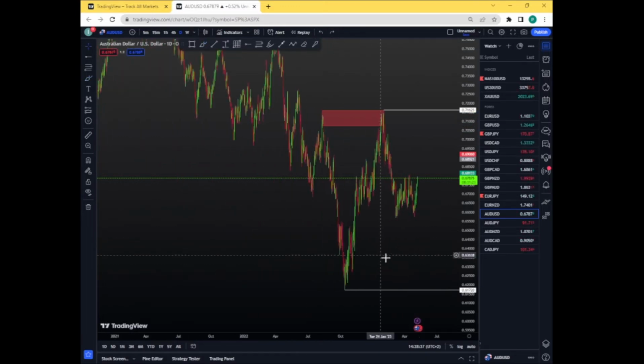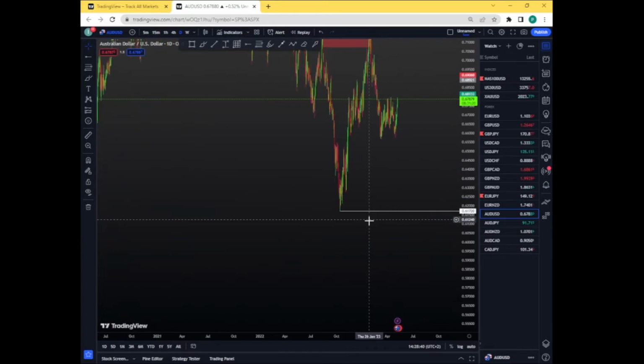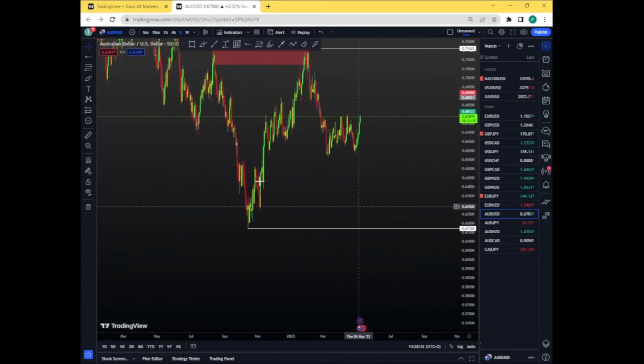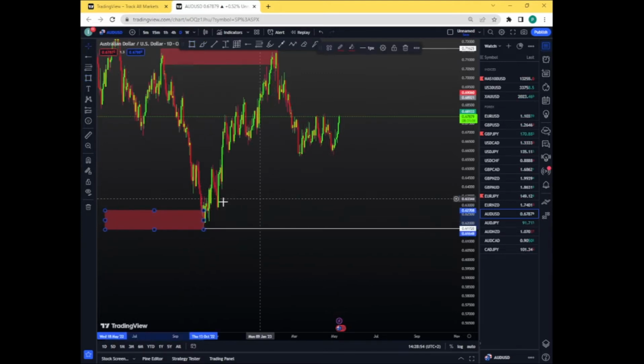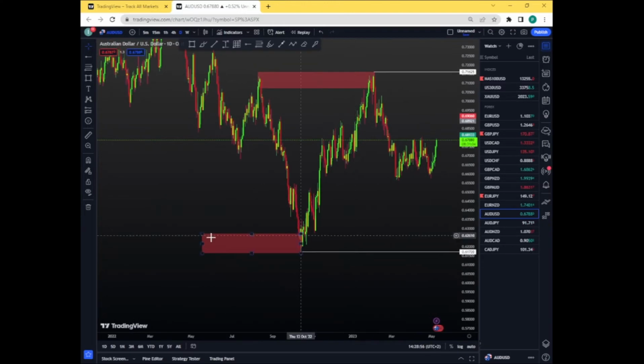What we do now is that we look at this demand, at this low. Where did this low react from? And then we mark our zone, and we look left at where the price reacted from.